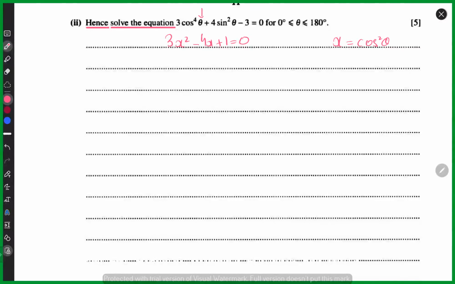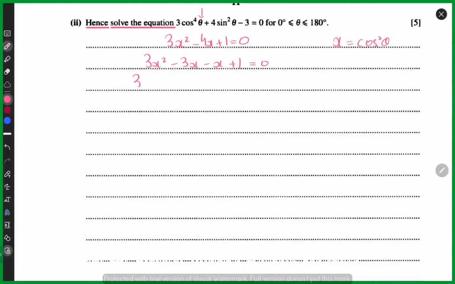So you're only supposed to solve this trigonometric quadratic equation. It's simple. Two numbers such that when you multiply them you get 3x squared, and when you add them you get minus 4x. So it would be 3x squared minus 3x minus x plus 1 equals 0.